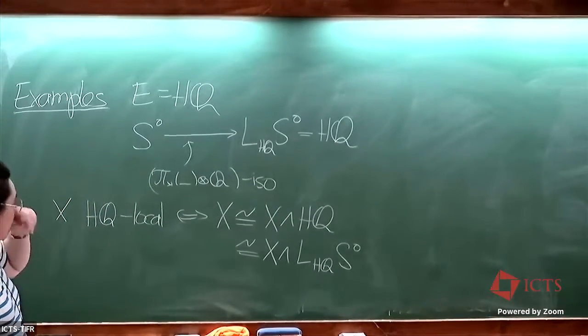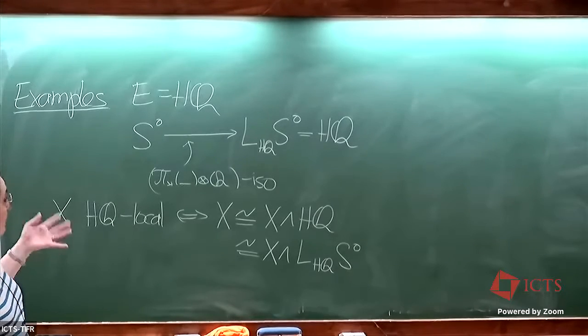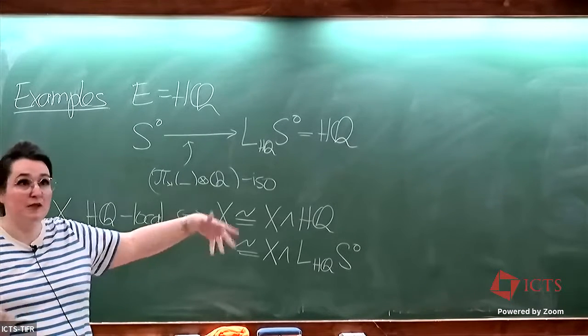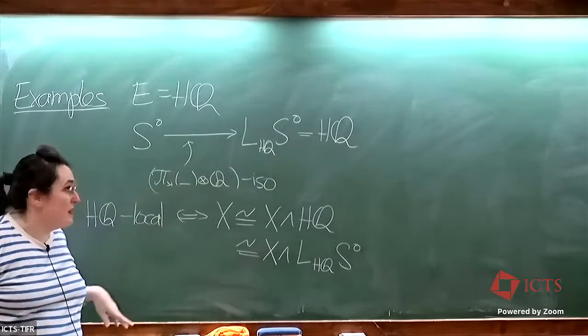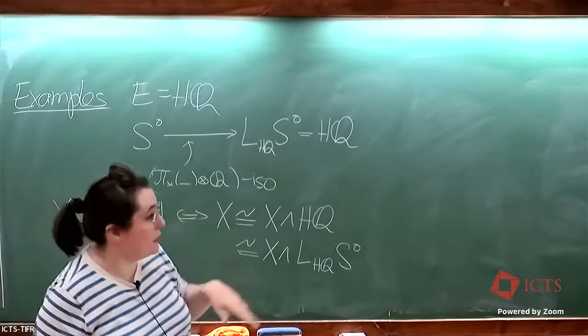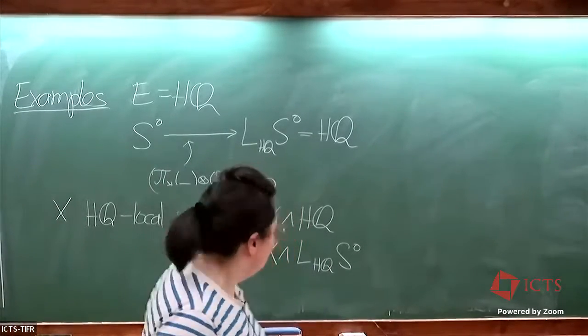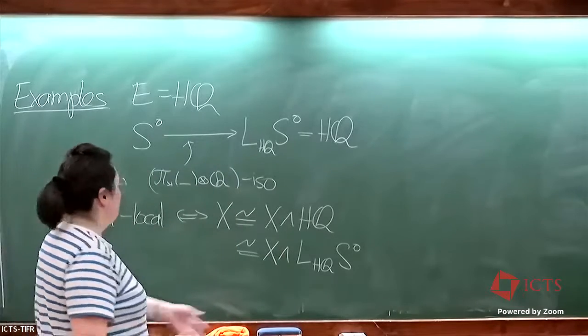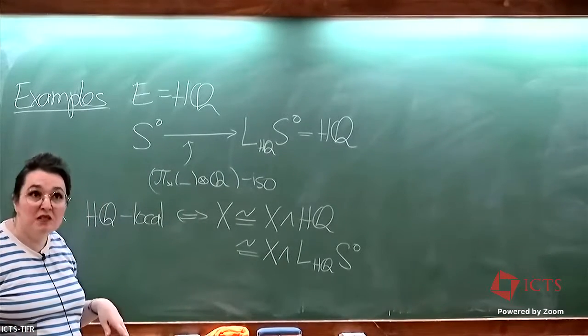So really, on the algebraic side, rationalization is tensoring everything with Q. And on the topological side, when you Q localize, it is exactly the same thing. You just smash everything with HQ.